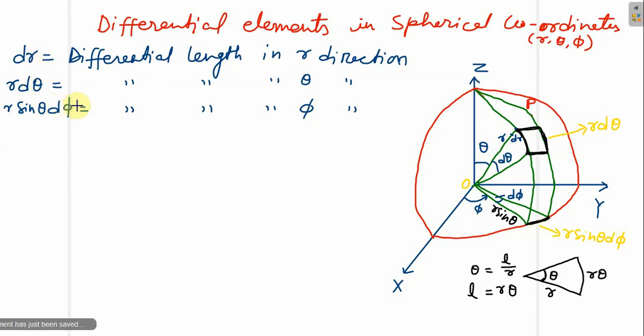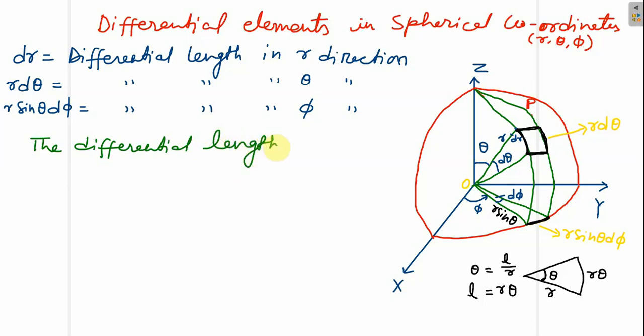In this way we can take these three things. Now the differential length vector using these three components can be represented in the spherical coordinate system.